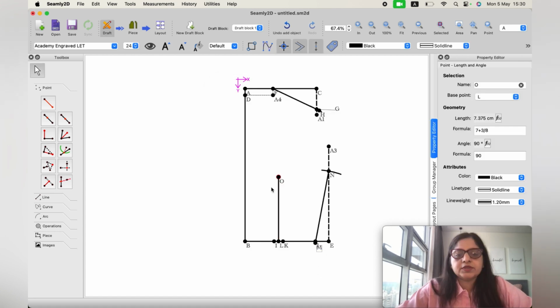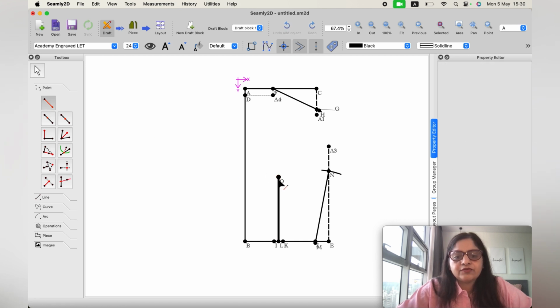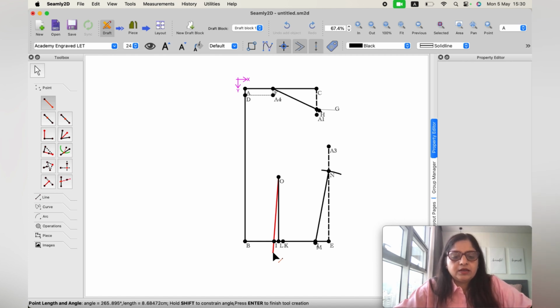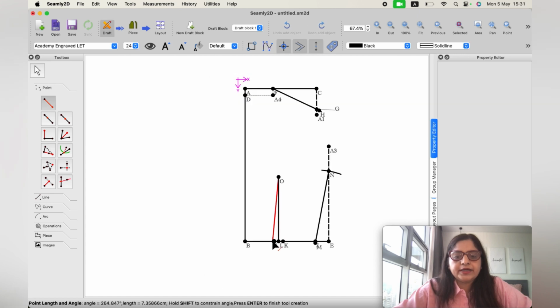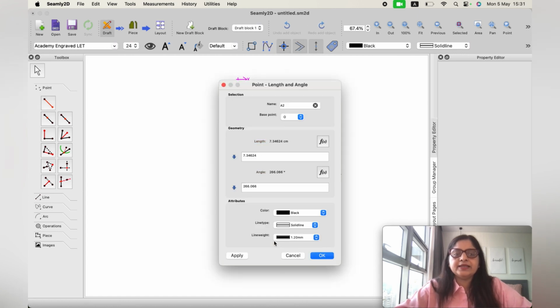Yeah. Simply I have to join O to I, but I need a line slightly longer than this I point. So I'll use this point tool. I'll start from here, put it on this point and press here. Because the difference is very small, I'm using this method. So I'll take this line at this point, whatever the length is, plus I'll add 1/8 inch.